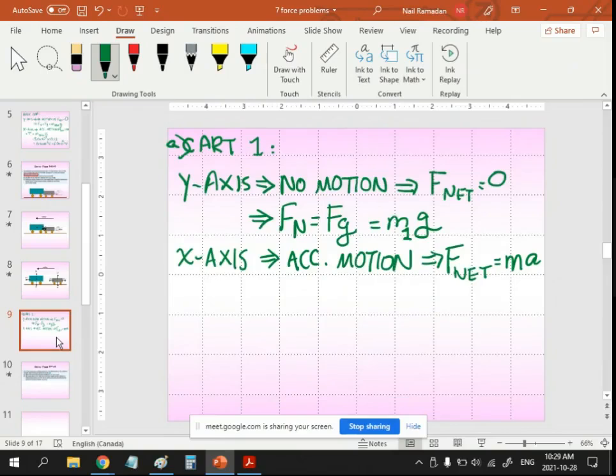Question. How many horizontal forces are acting on it? Which one is pointing positive with the motion? Which force is pointing negative? Is it 2 on 1 or 1 on 2? 2 on 1. Yeah, that makes sense.